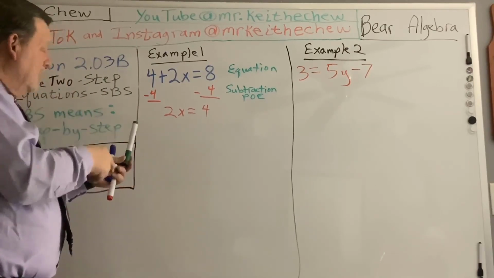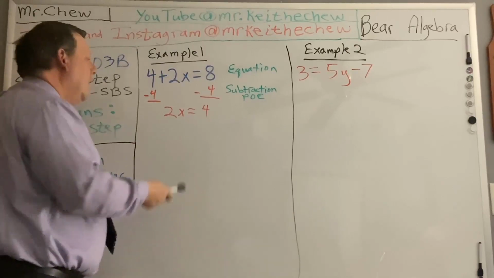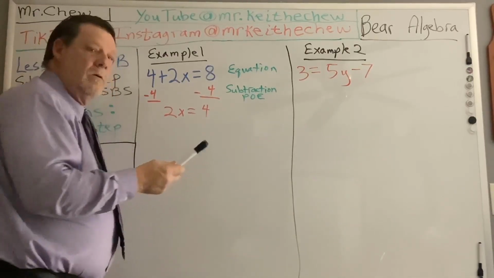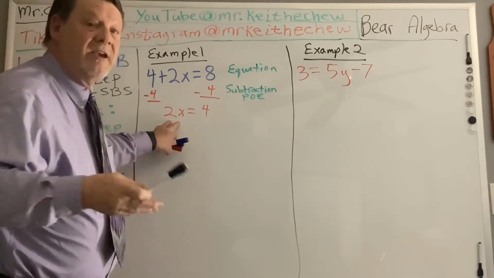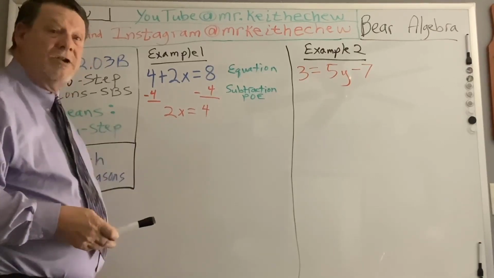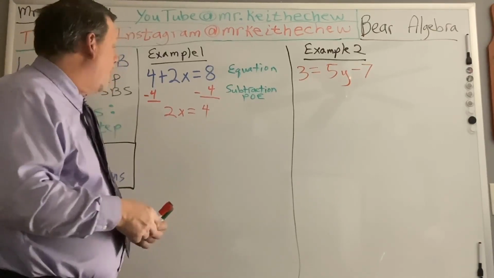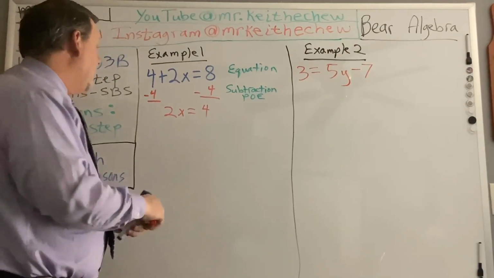All right. So now here's where it's different than what we did before. I have 2x equals 4. I want to just have x equals something. So I'm going to do the inverse of multiplying x by 2. So the inverse or opposite of multiplying an x by 2 is to divide it by 2.